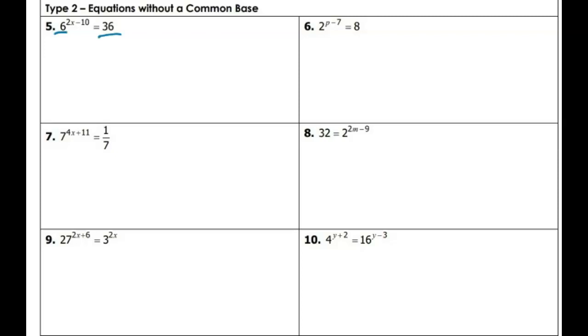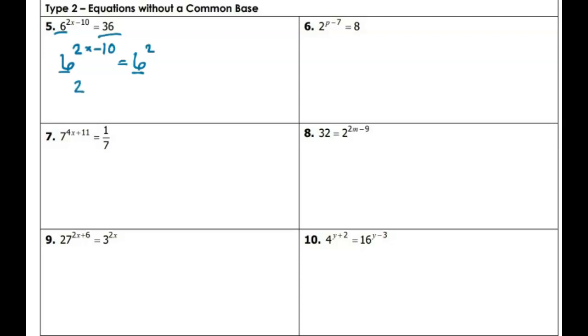So instead of writing 36, we're going to write it as 6 squared. So here's the way that we can take any bases that might not be common and make them common.